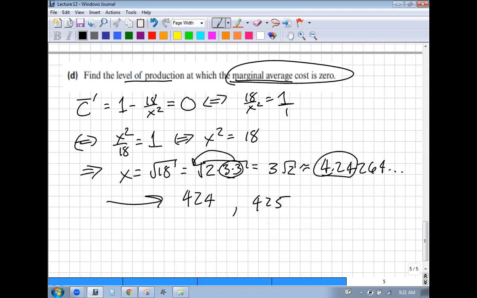Because we can't have like 4 2/4, right? 424.264. So we need to either round up or round down because you can't have like a quarter of a unit, right? Quarter of a flower. I guess you could have a quarter of a flower arrangement, right? You're like, I couldn't afford a whole egg, so here you go, sweetheart. Yeah.